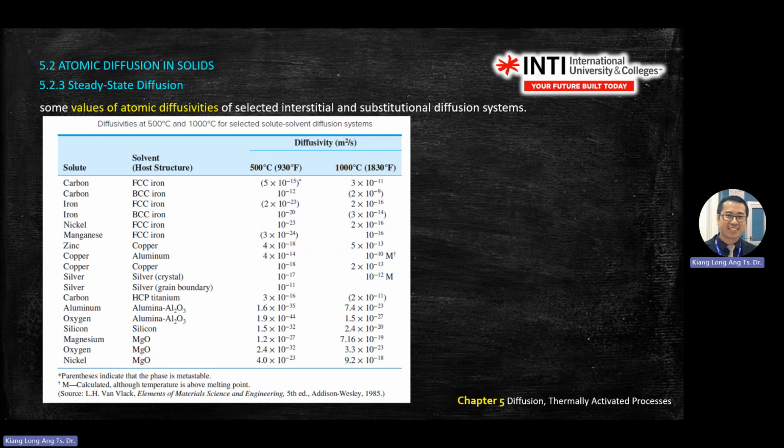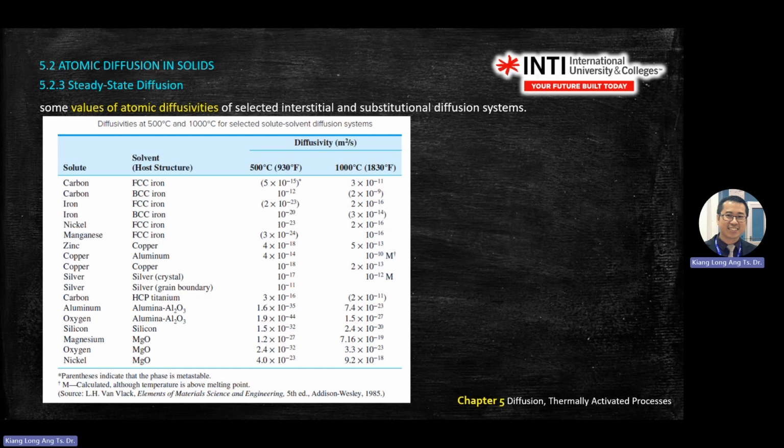So you'll see this table. You'll see solvent and solute. Diffusibility is the capital D value, at 500 degrees C, 1000 degrees C. This question came out in last semester's final exam. Okay, so what is solute?